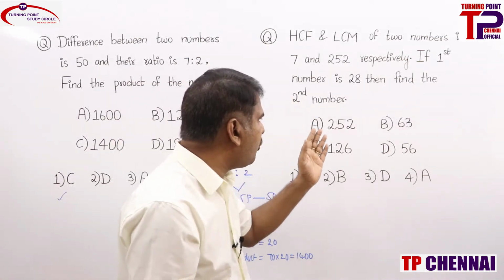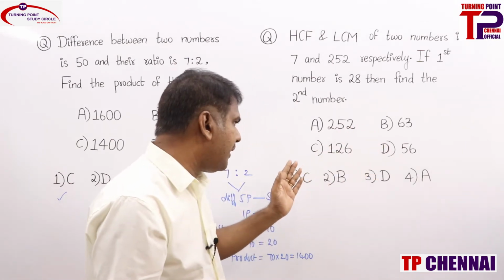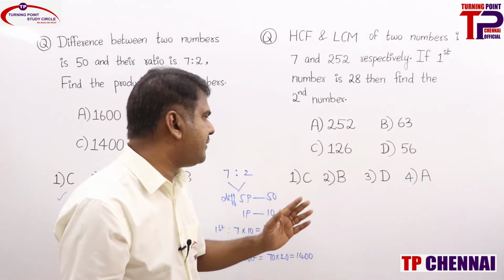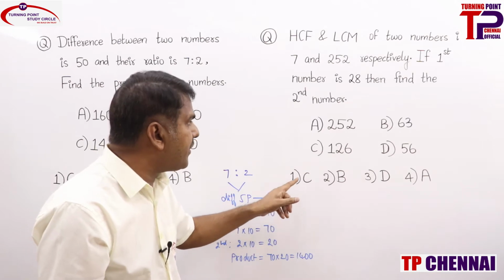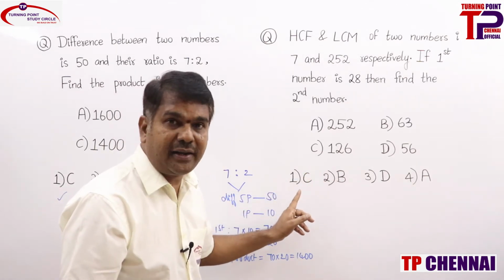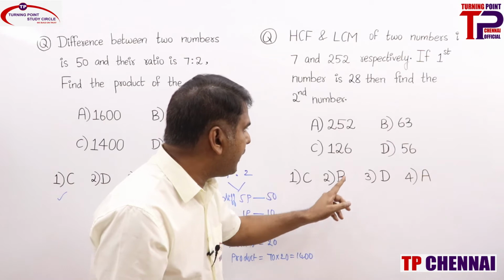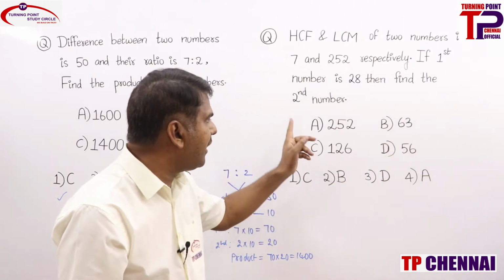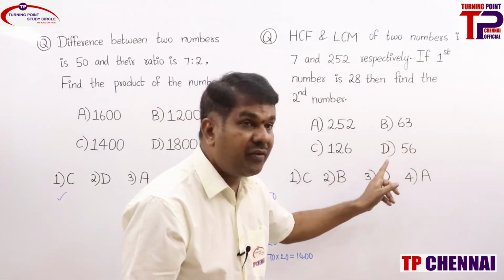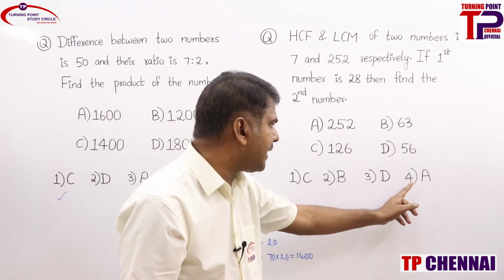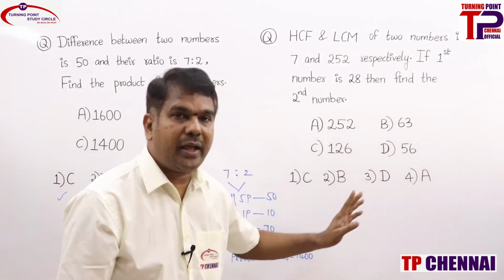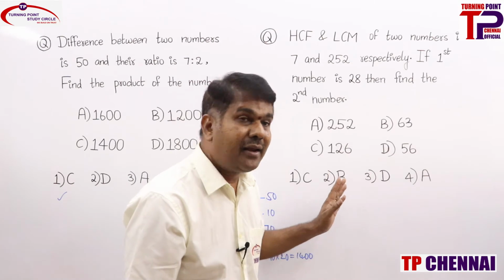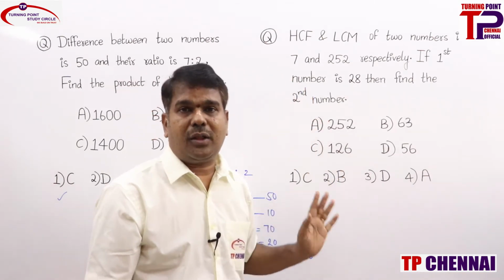Options given: A 252, B 63, C 126, D 56. Give answer as 1 if C 126 is the right answer. Give answer as 2 if B 63 is the right answer. Give answer as 3 if D 56 is the right answer. Give answer as 4 if A 252 is the right answer. Clear? So now see how to solve the problem.